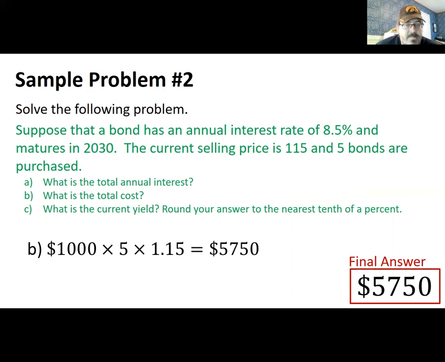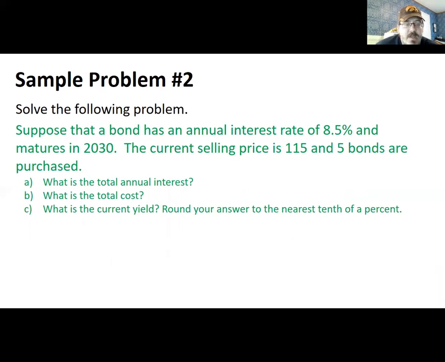Now, if we want to figure out the yield, we want to know, based on what we're spending and the interest that we're earning, how much we are actually going to make. What's our return on this? To calculate that, you take the amount of interest that you are earning, which goes back to part A, $425, and divide that by how much you had to pay for the bonds, the $5,750.